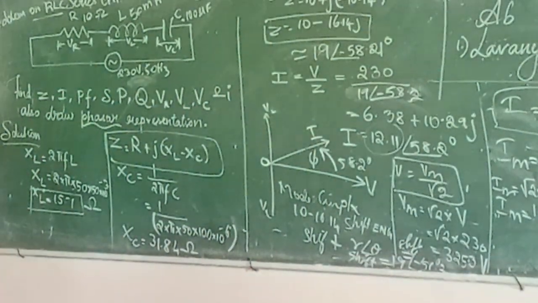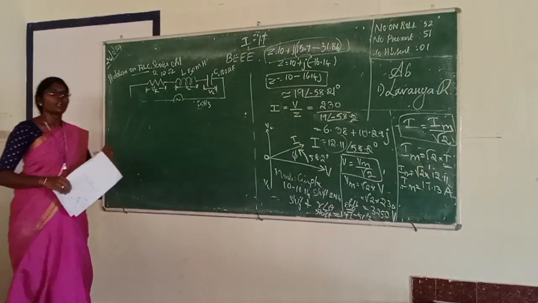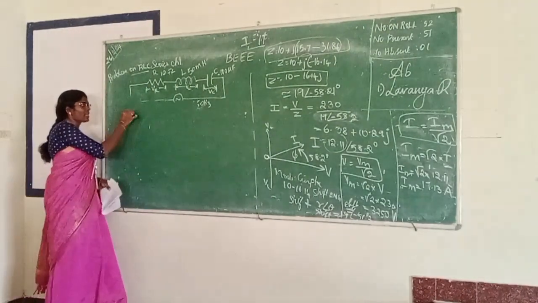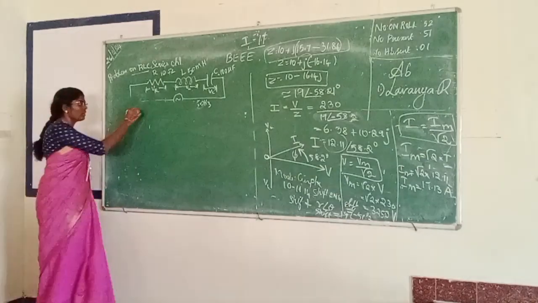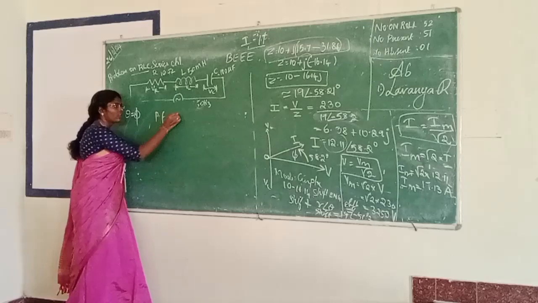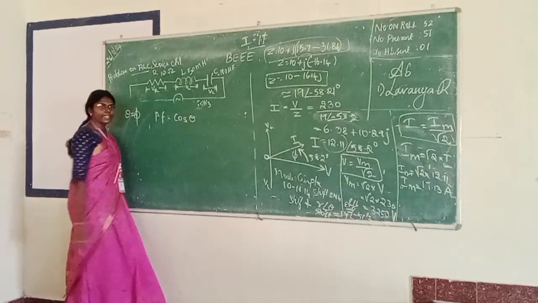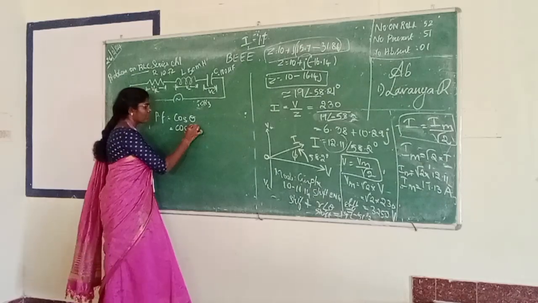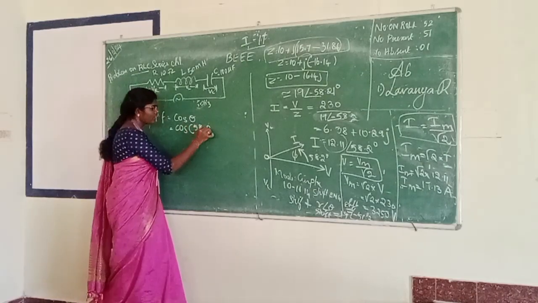Clear up? Yes. Power factor. So here, what is the angle you have to consider? Theta as your angle. So power factor is what? Cos theta. Just put cos of your value theta. The angle is 58.2 degree.